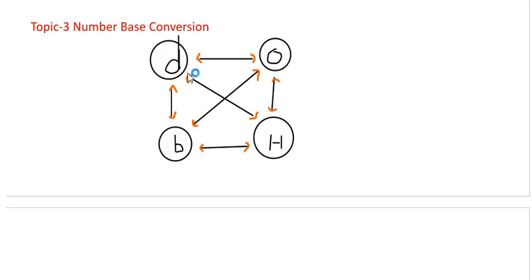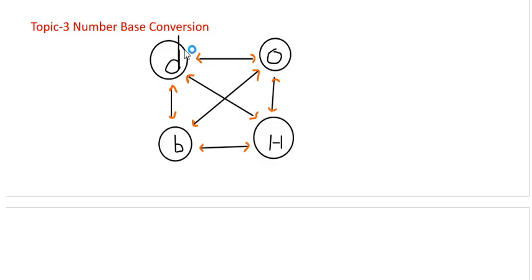In short, as I have mentioned, D is nothing but the decimal number system, O is the octal number system, B is the binary number system, and H is the hexadecimal number system. To convert from one number system to another, each number system has three possibilities of conversion. If you look at this diagram, this is the decimal number system.